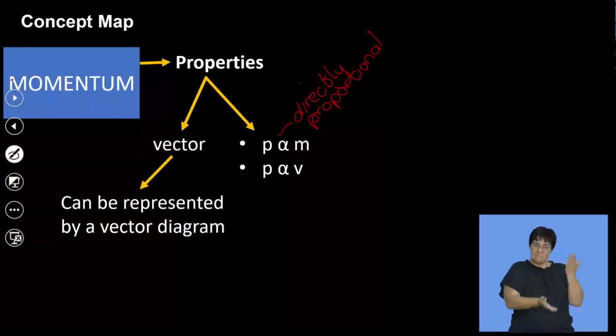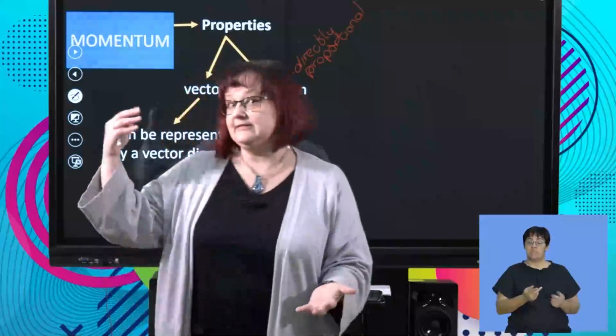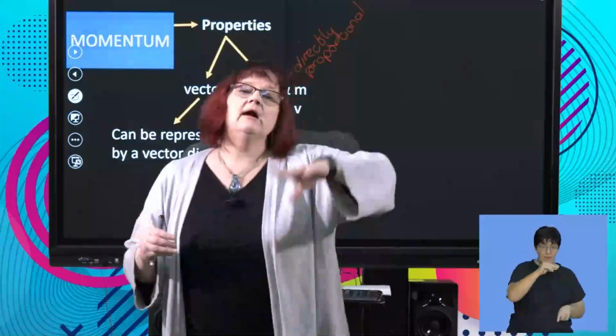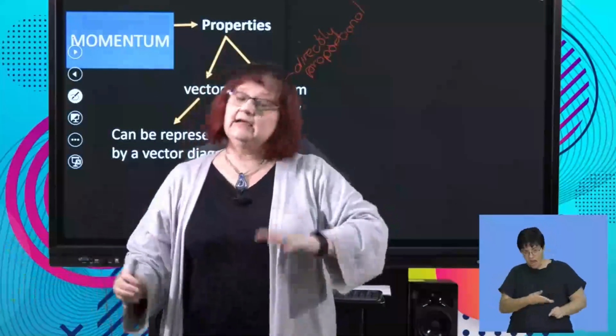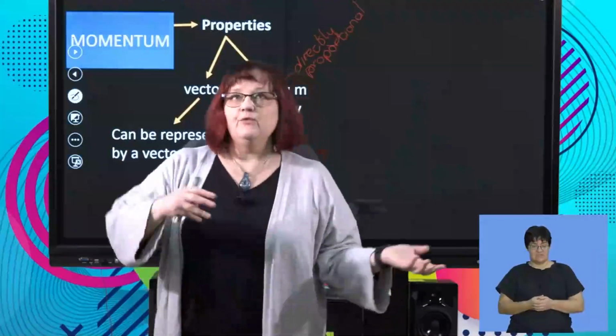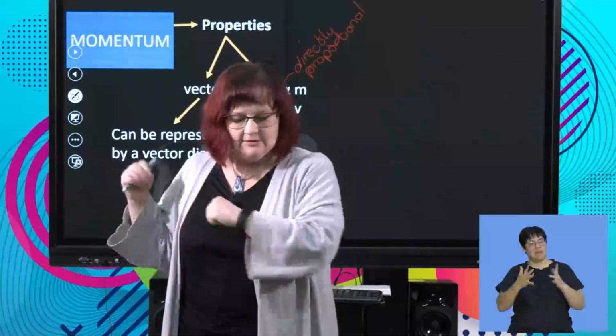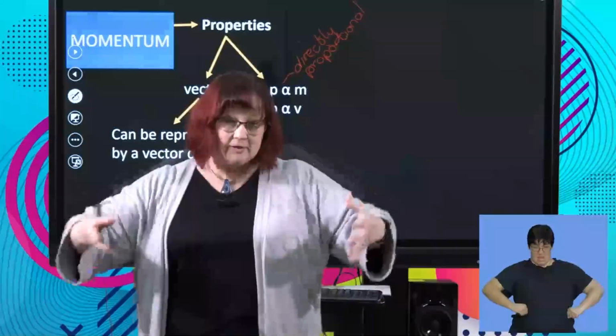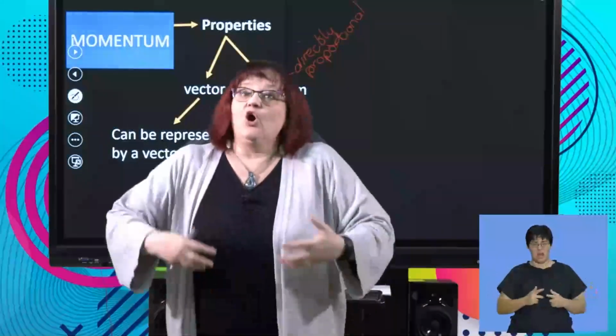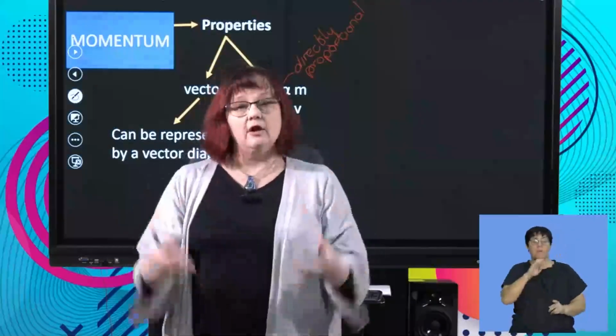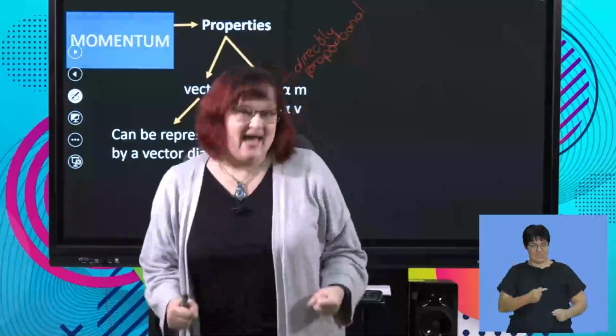Also, momentum is directly proportional to velocity. In other words, if I double the velocity, I double the momentum. If I halve the velocity, I halve the momentum. And if we go back to our rugby player situation, our big rugby players like the Locks are hard to stop because they have a lot of momentum because of their mass.